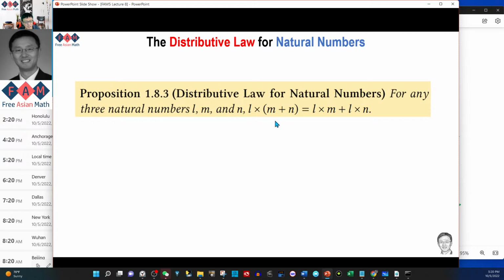You calculate the result of M plus N, then use L to multiply that, meaning L copies of such a result, and you add them together. Well, this law says that you can distribute over addition so that it becomes L multiplied by M plus L multiplied by N.